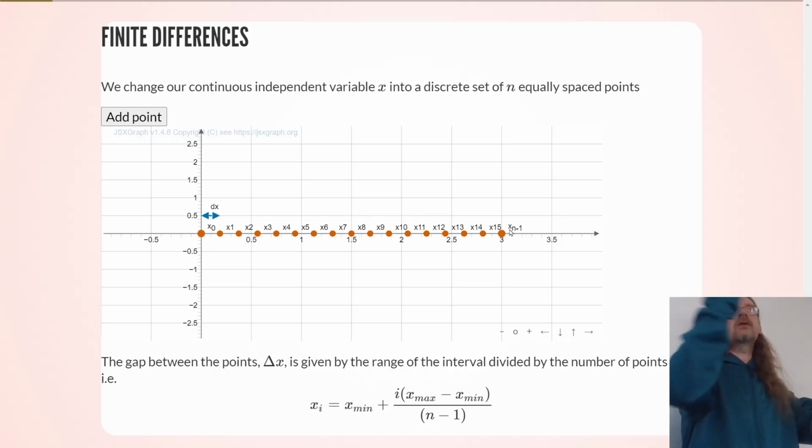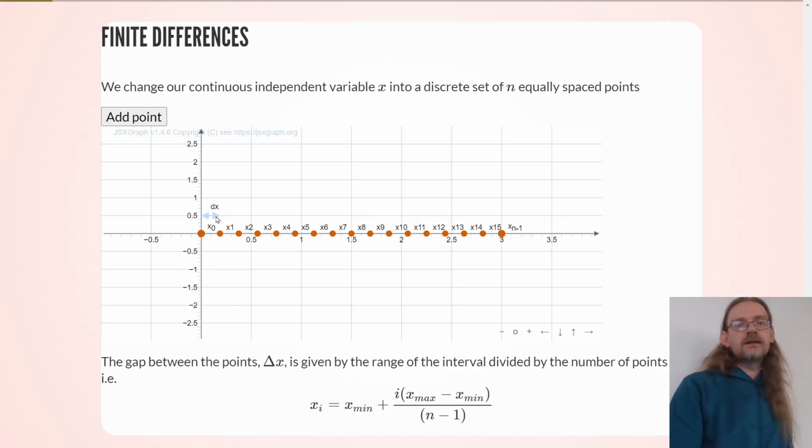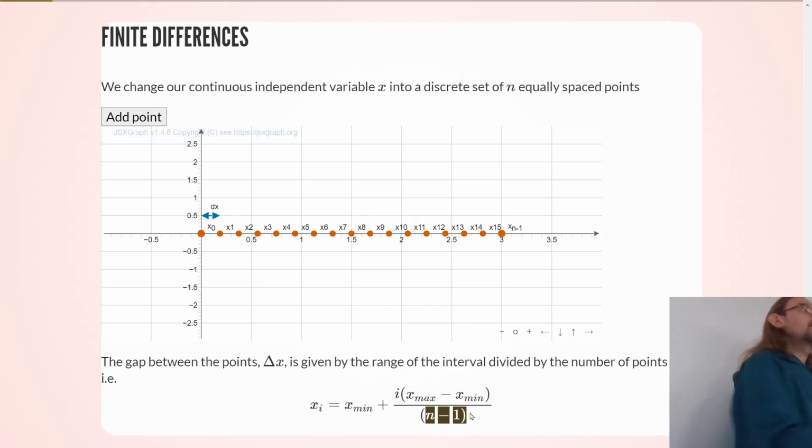So you build the panel, you stick it between two fence posts, and then you've got one at the end. So when you want to calculate the distance, this dx, it's going to be the distance divided by n minus 1. So you're dividing by the number of panels, not the number of fence posts you've got.